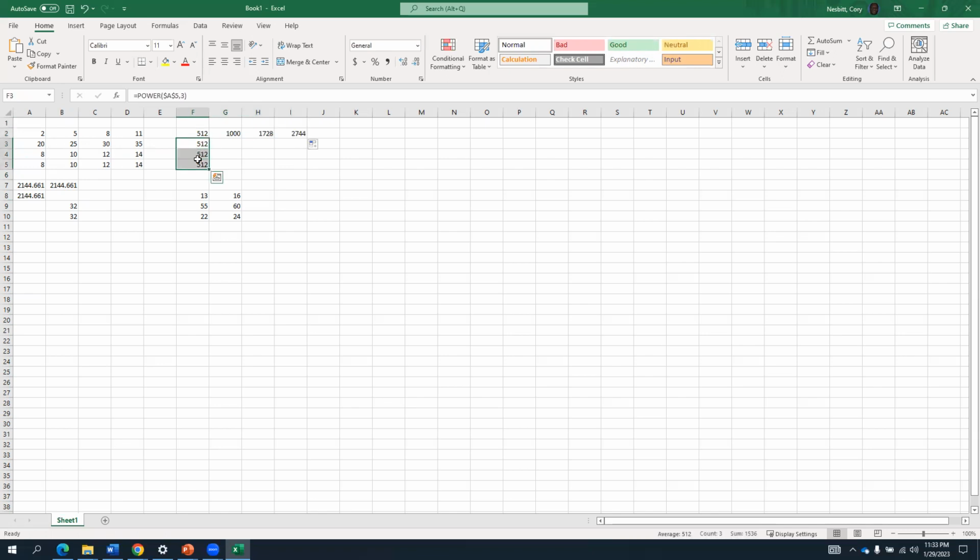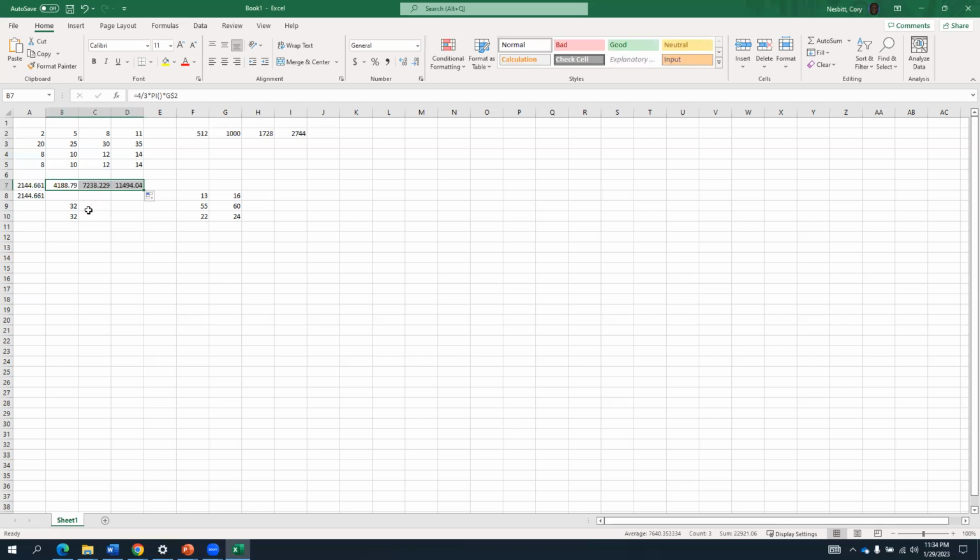Now, if I hold the row constant again and move this over, now it changes because it's referencing G. If I move it over again, it'll be referencing H. And if I move it over one more, it's referencing I.